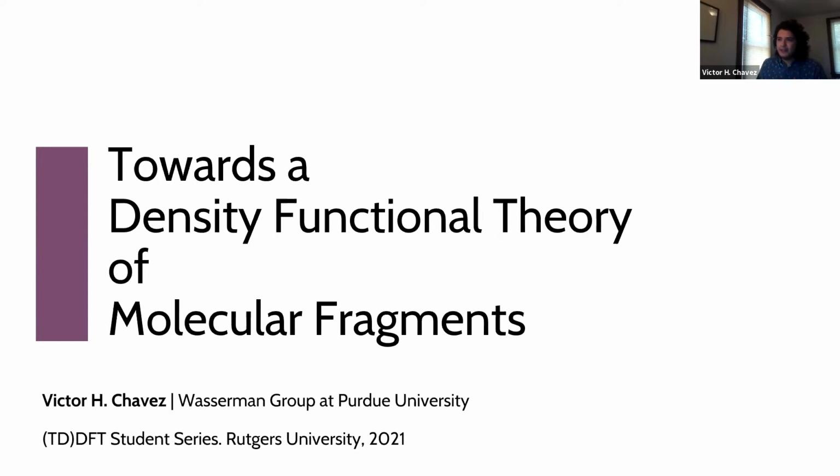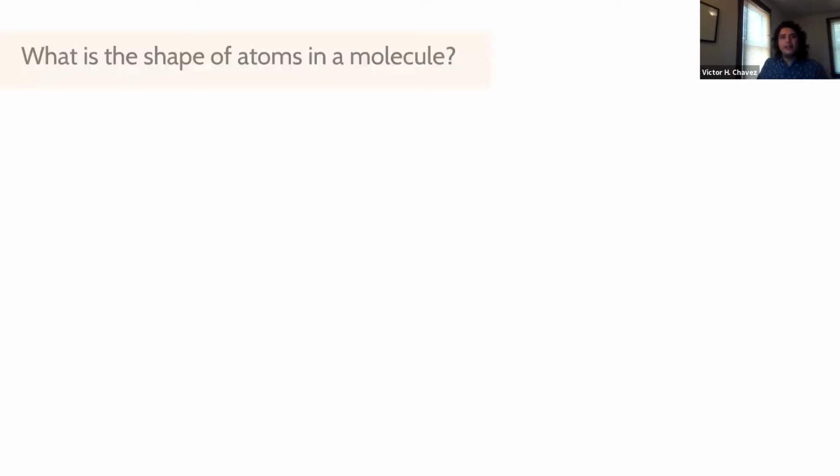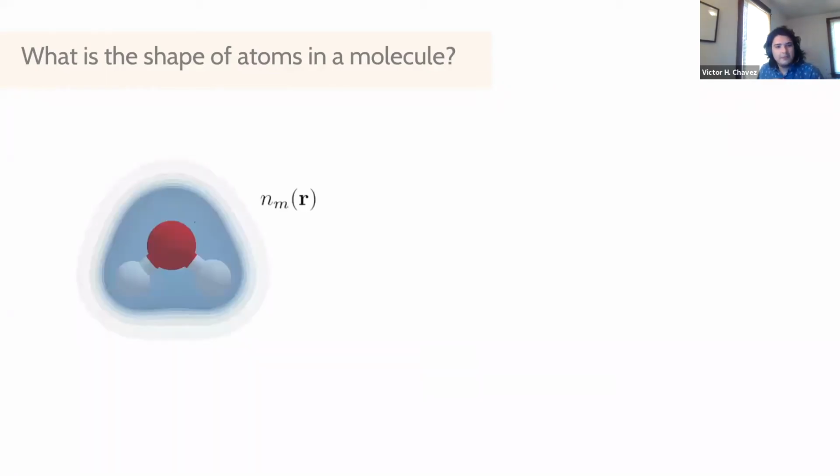particularly a density functional theory. So I'm going to start with this question, which is, what is the shape of atoms in a molecule? And of course, this is not a question with a very good answer, but I'm going to briefly bring the water molecule here with its molecular density.